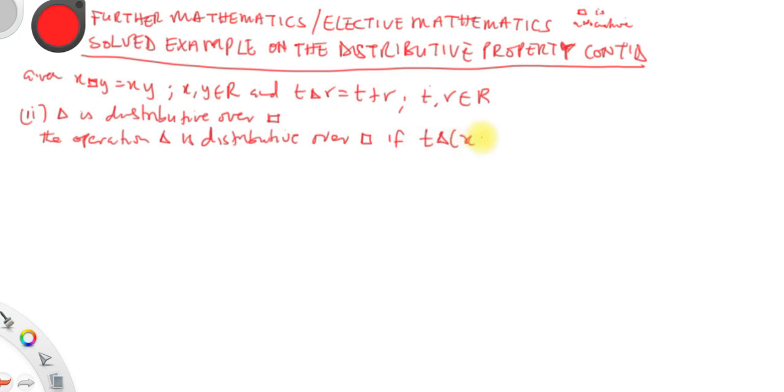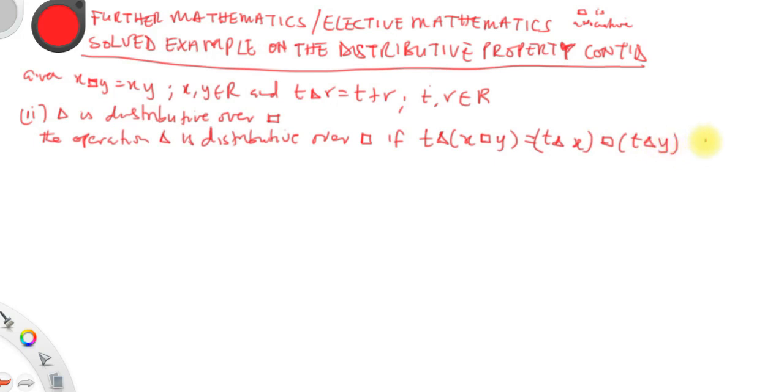x square y is equal to t triangle x into bracket all square to bracket t triangle y.